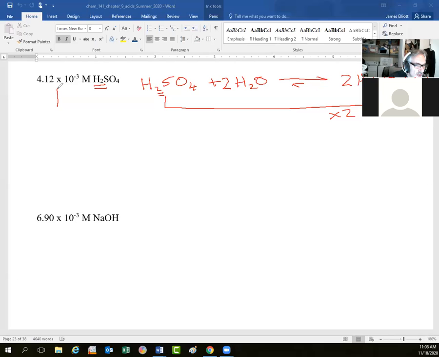So that 4.12 times 10 to the negative 3 multiplied by 2 would become 8.24 times 10 to the negative 3. That's going to be the concentration of hydronium ions specifically. And so we'll take the negative log of that concentration.